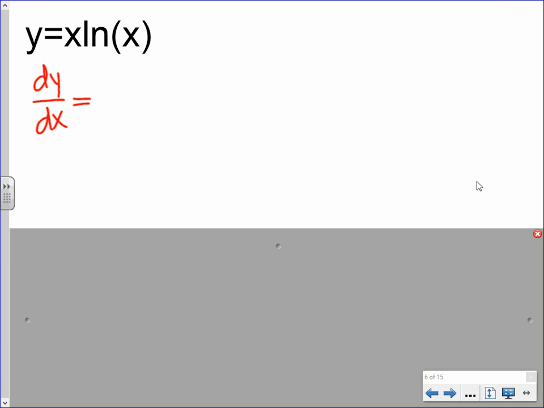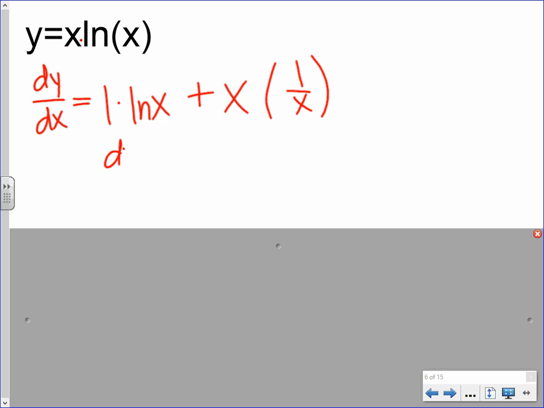So the derivative of x. Larry, do you have a question? No. Okay. Because it's x times natural log of x, right? We have a product rule. So the derivative of x times natural log, plus x times, what's the derivative of natural log? 1 over x.